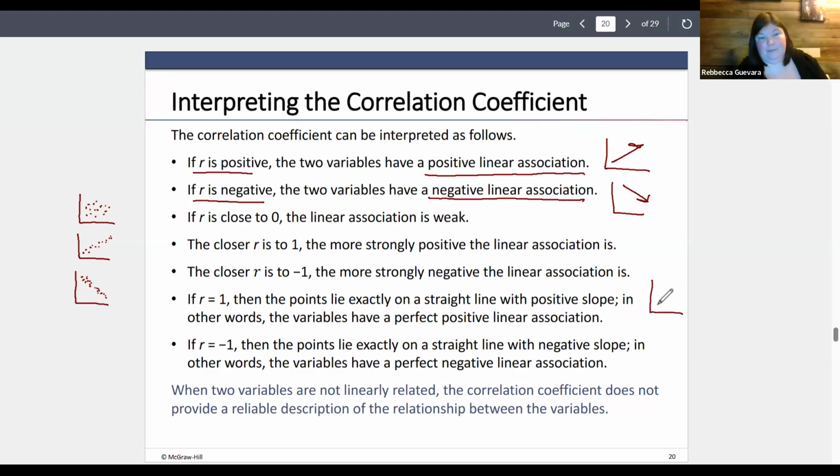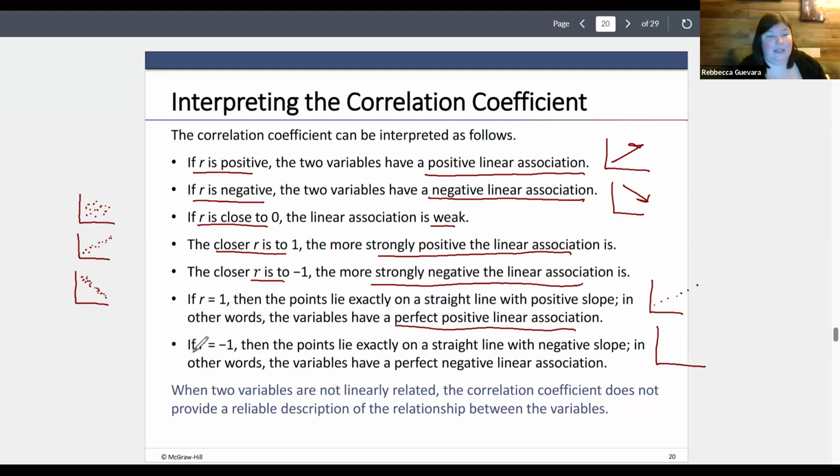So if R is 1, they're exactly on a straight line, and this is going to be a perfect positive linear association. So just to hit these big ones here. Then if we have R as -1, then we are going to have a perfect negative linear association. Our points are going in a perfectly straight line going down.